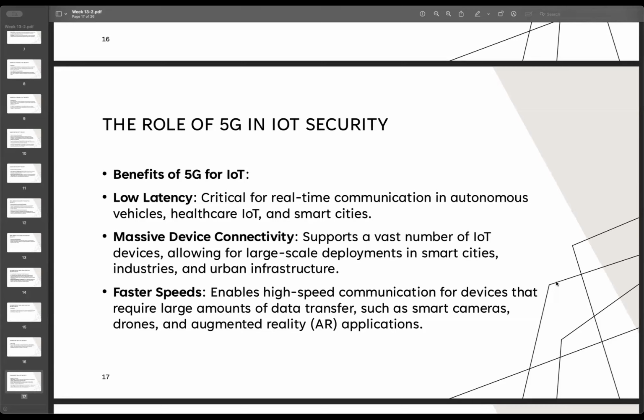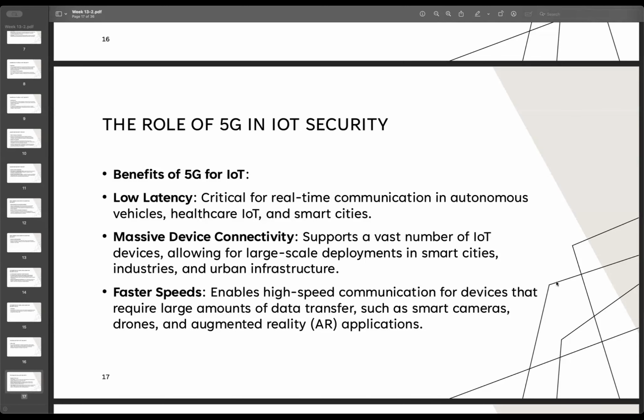So it's important to have low latency and also massive device connectivity, because in reality there is a vast number, a huge amount of IoT devices, up to a billion. So how can we allow large-scale deployment in smart city, industry, or urban infrastructure? How can we do it?